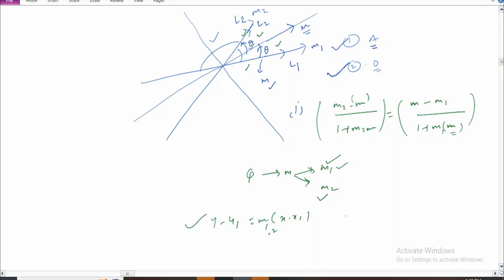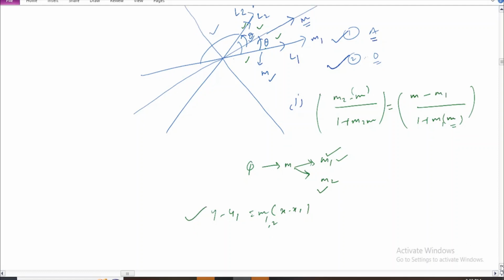So we have a specific method, and let's see what it is. We have a particular method to find the equations of the lines bisecting the acute and obtuse angles, right? Suppose we have two lines a1x plus b1y plus c1 equal to 0 and a2x plus b2y plus c2 equal to 0, right?